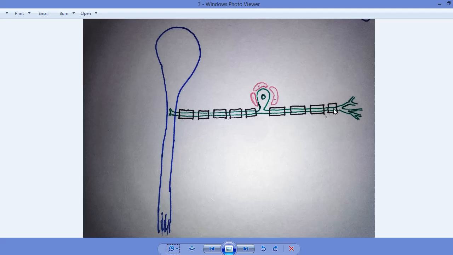Multiple Schwann cells combine together to make the myelin sheath. For example, this portion is made by one Schwann cell, this portion by a second Schwann cell, and this by a third Schwann cell. A large number of Schwann cells give myelin sheath to a single neuron outside the central nervous system.